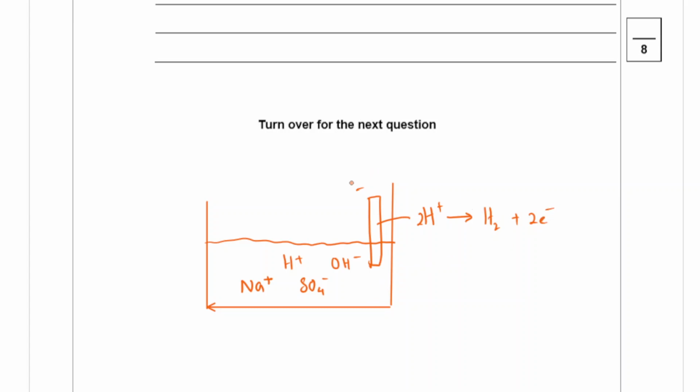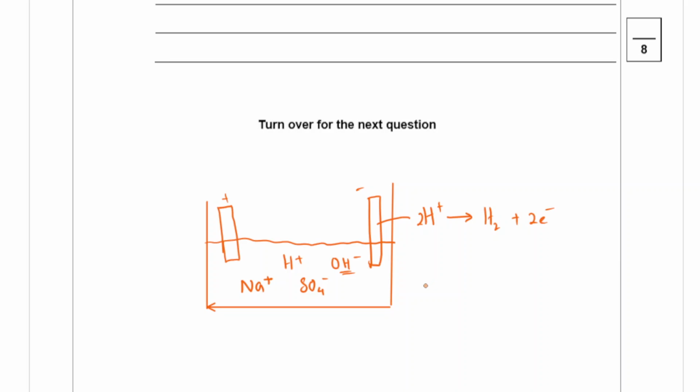Now these 2 electrons will move to the positive electrode on this side, and on the positive electrode, the sulfate ion is also very stable. So instead of the sulfate ion, the OH minus ion is actually oxidized.